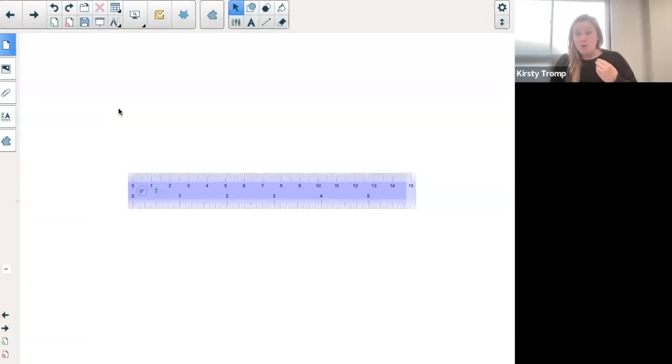I take my ruler. Remember, when we're drawing things, we always want to use a pencil first, never a pen. If we have time at the end of our test, we can come back and go over it in pen at a later stage.